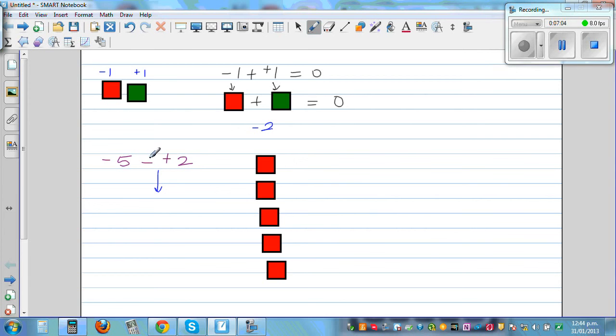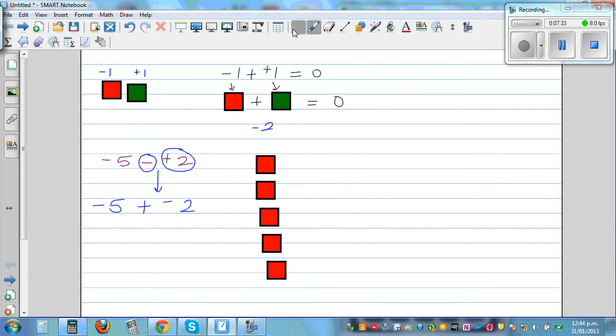I can change this subtraction to an addition. When you change the operation from minus to plus, you have to change the number that comes after the operation to the opposite number. The opposite of plus 2 is negative 2. Now you can add negative 5 plus negative 2.